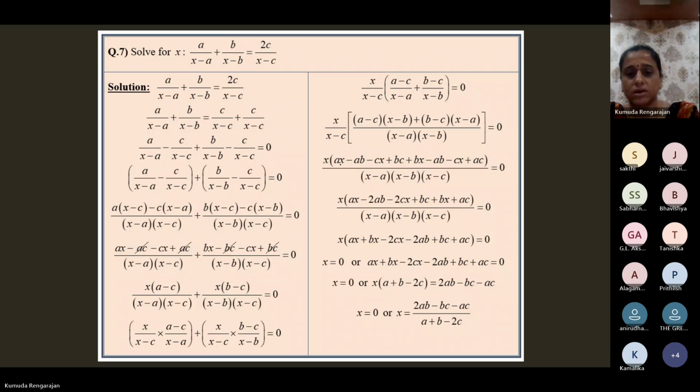Then the remaining terms plus bc, plus bx and plus ac, divided by x minus a into x minus b into x minus c. This x is here, and then x minus a, x minus b, x minus c.